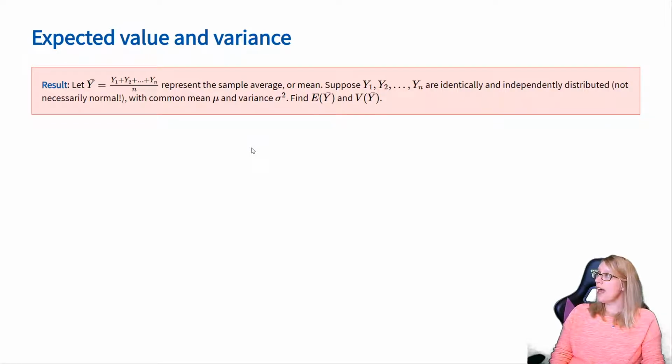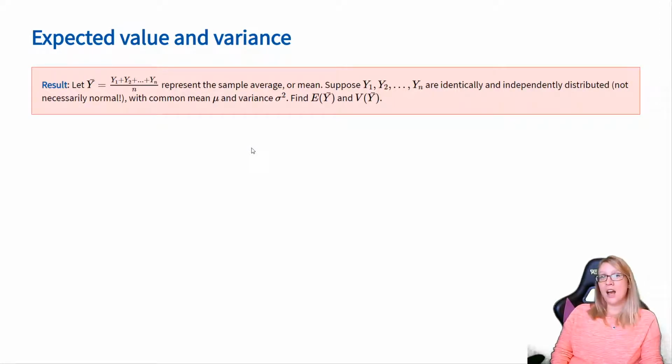So let's take a look at a result that follows from this. I'm going to define y bar as the sum of y1 up through yn divided by n. In other words, y bar is my sample mean, or my sample average. Suppose that y1, y2, all the way up through yn are identically and independently distributed. So they all have the same distribution, same mean, same standard deviation, and they're all independent of one another.